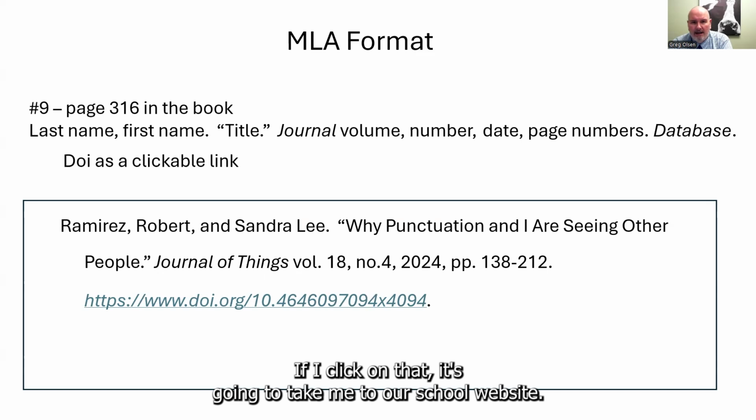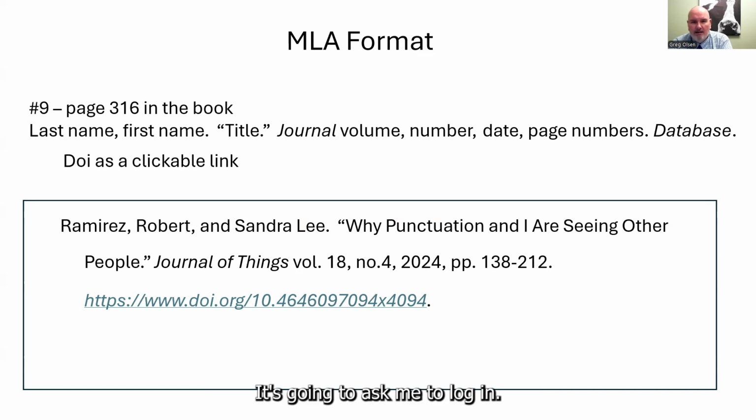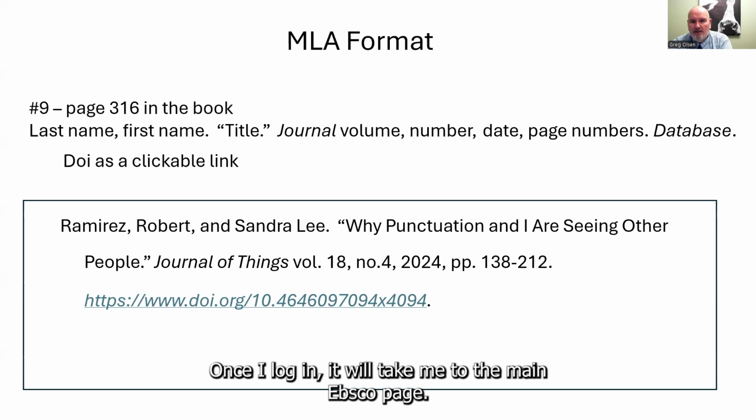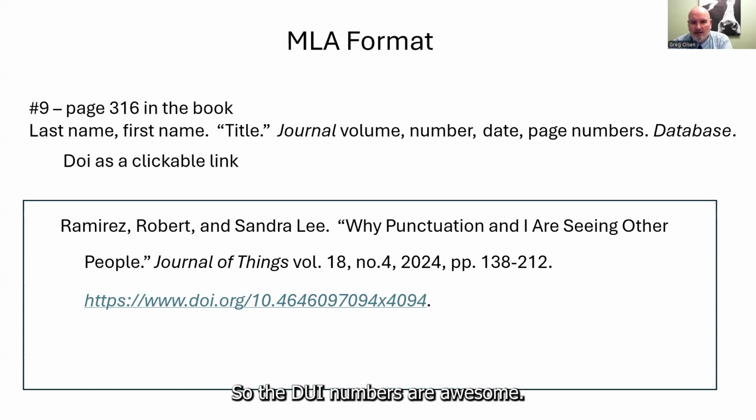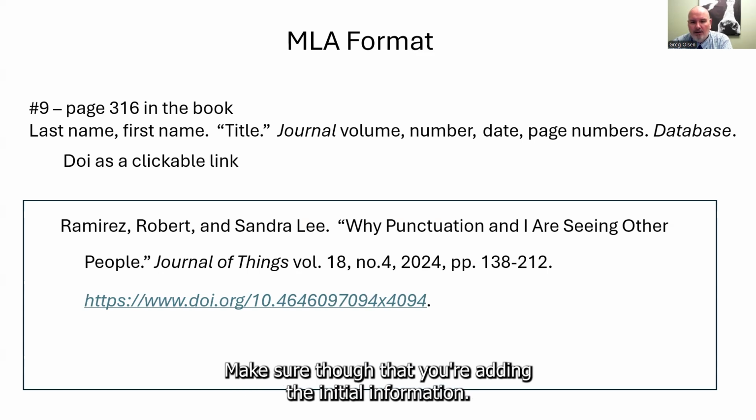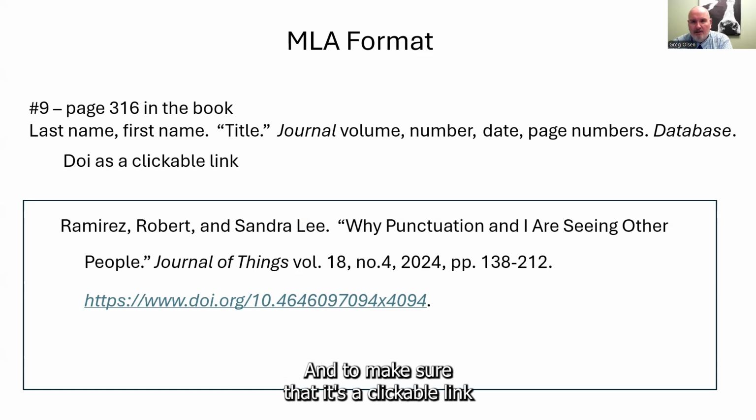If I click on that, it's going to take me to our school website. It's going to ask me to log in. Once I log in, it will take me to the main EBSCO page, that search page. So I'm not going to be able to get your article. So the DOI numbers are awesome. Make sure though that you're adding the initial information to make sure that it's a clickable link.